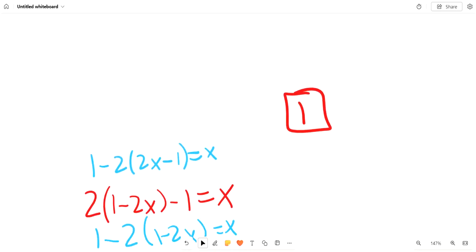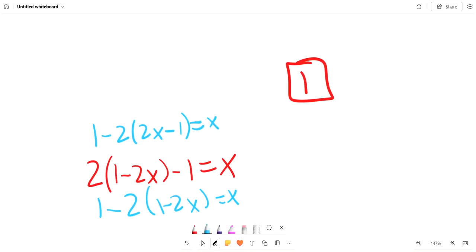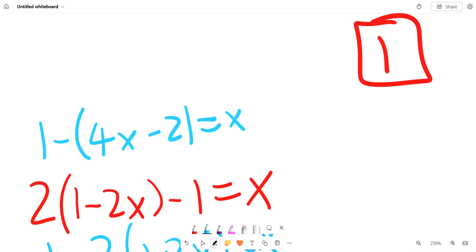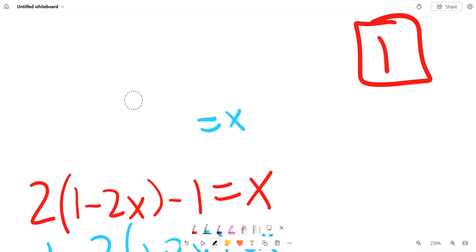So another one is this one. So we can start by solving this. Expanding this, we get 4x minus 2, and we just get 1 minus 4x minus 2, which is just 1 minus 4x plus 2, which becomes 4x plus 3 equals x. Wait, why is this freezing?